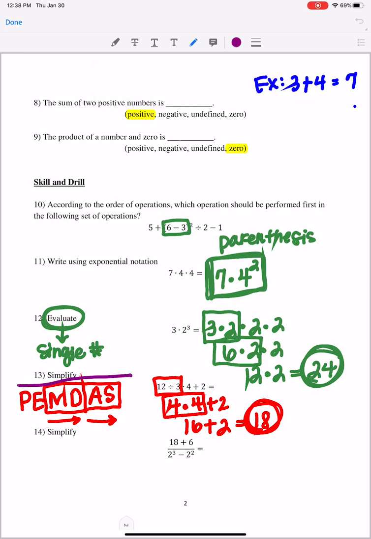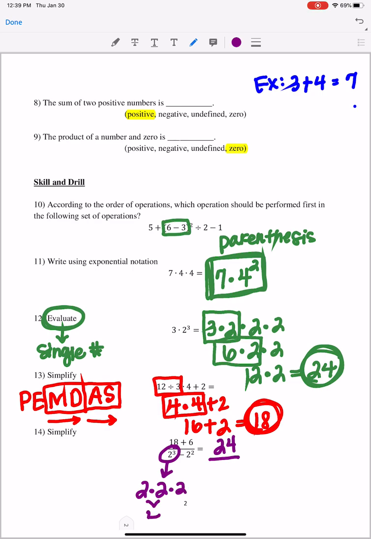(14), I'm using the same order of operations. When you do this, though, you need to simplify the top completely, simplify the bottom completely, and then we're going to divide very last. So here on the top, 18 plus 6 is 24 over 2 cubed, have that backwards, 2 cubed, so we've got 2 times 2 times 2.